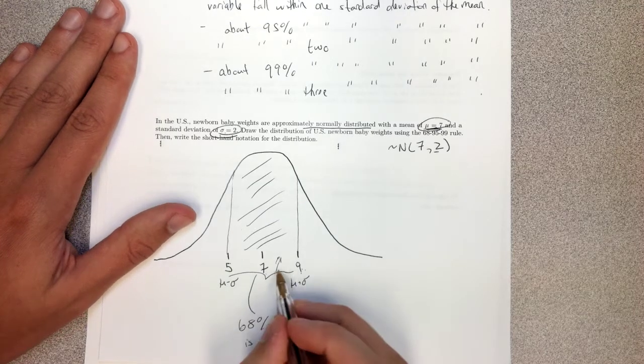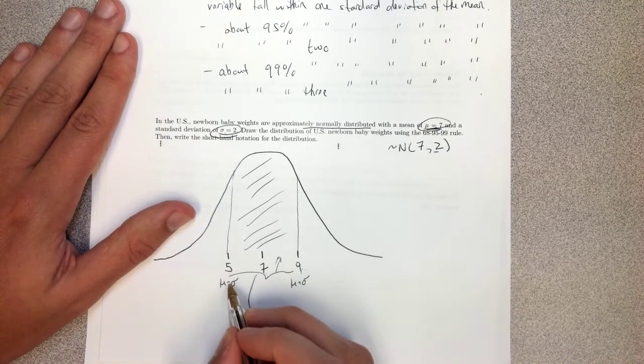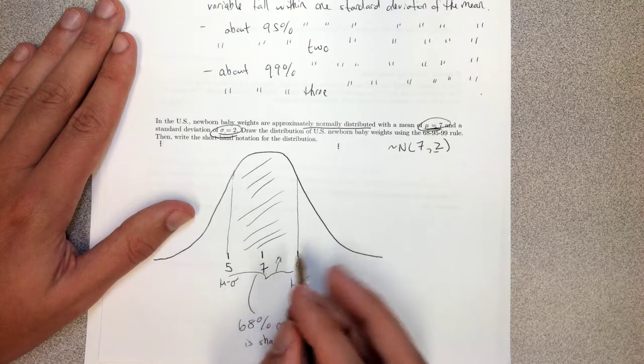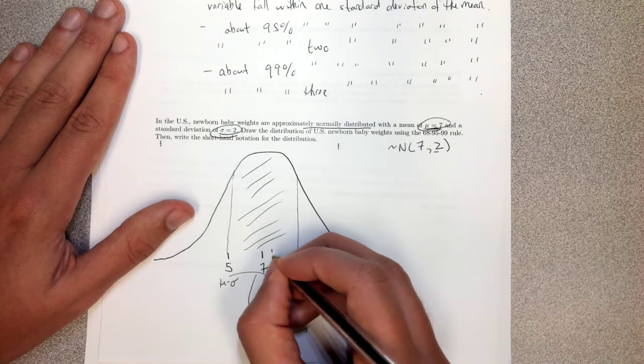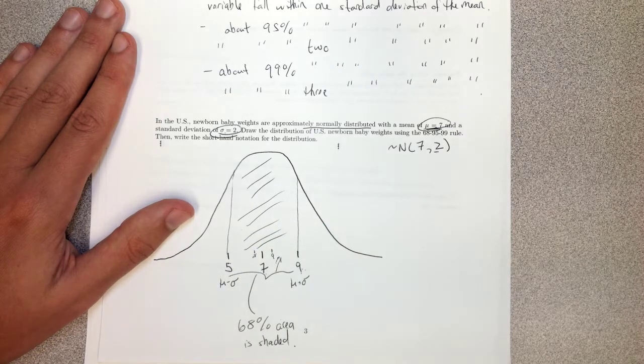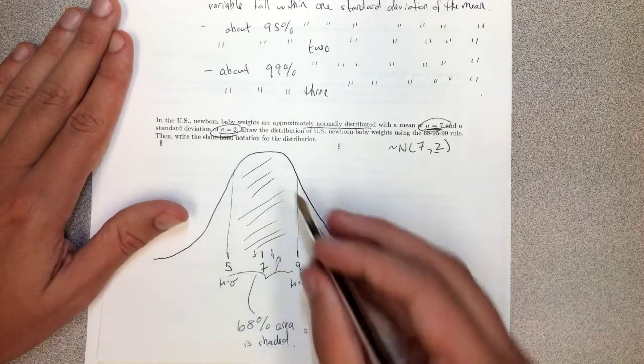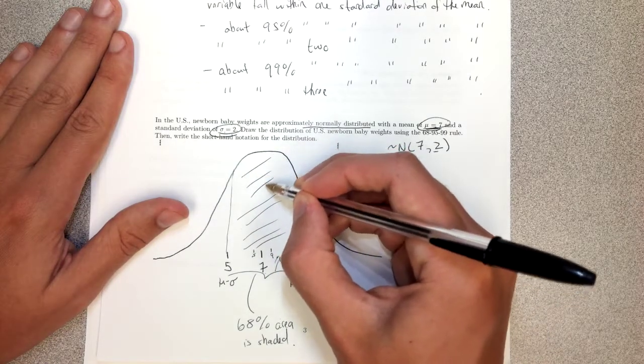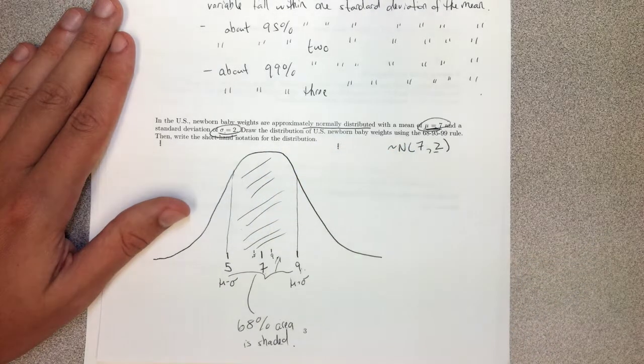And so that's kind of your guide for how far out the tick marks go. Like if I had done a 9 here and a 5 here, so you don't have to copy that if you don't want to muck up your drawing, then I would be shading that tiny little strip, and that's obviously not 68% of the area that's under this curve.